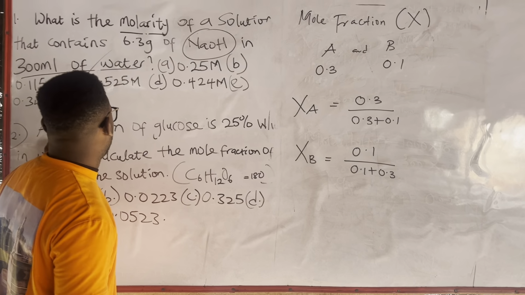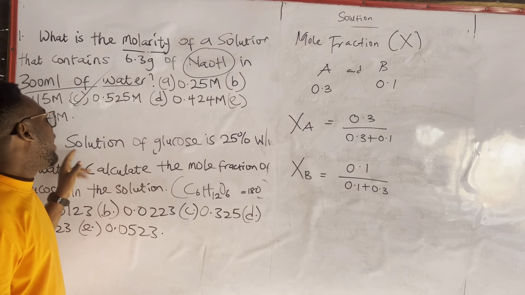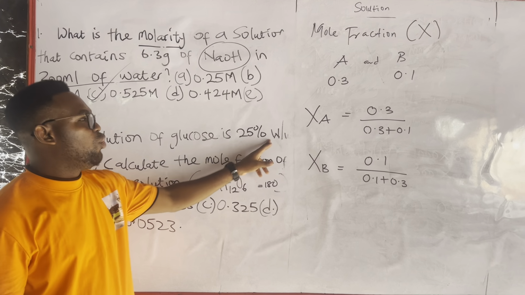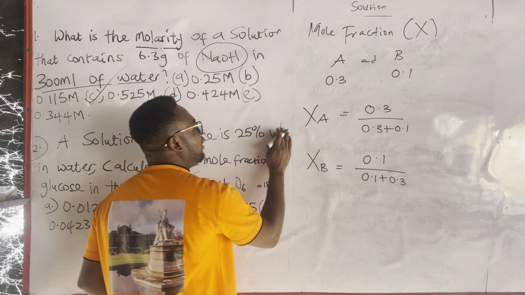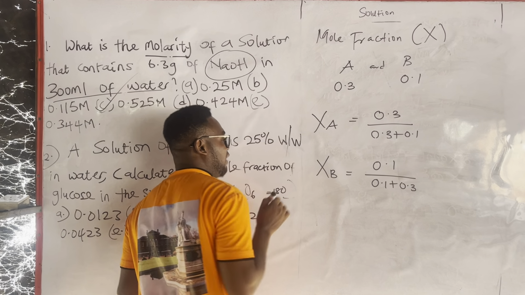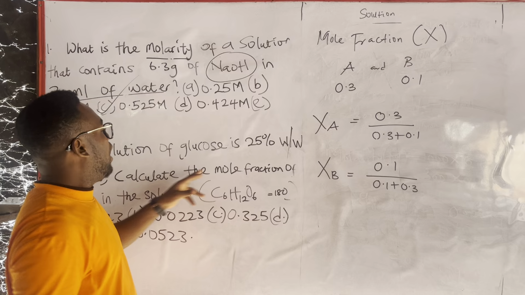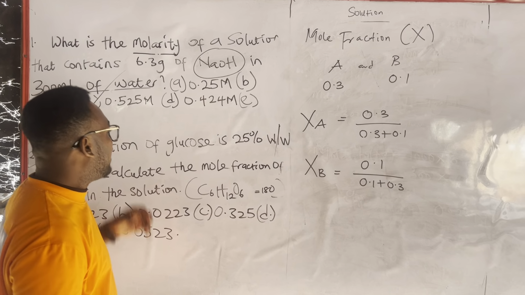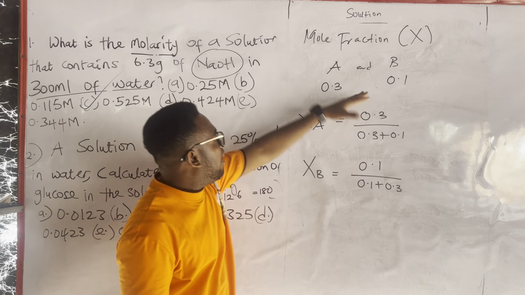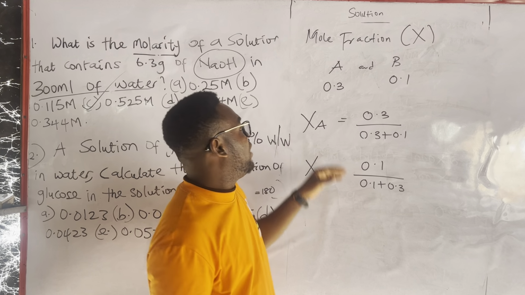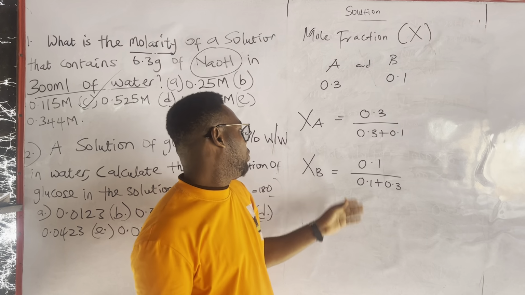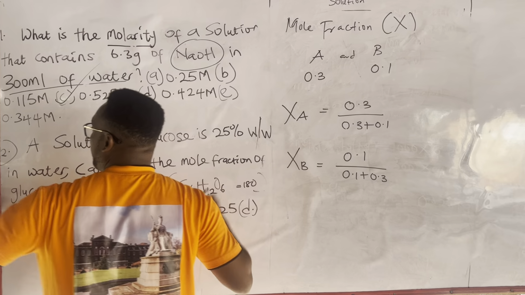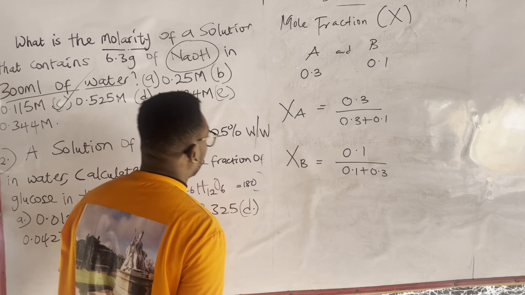If you look at this question very well, you see that it says a solution of glucose is 25% weight by weight. So this means W/W, which stands for 25% weight by weight of glucose. Now, in the illustration I gave, I just gave the number of moles straight, so we can solve directly and get our answer. But in solving questions like this, we need to understand the interpretation of the question.